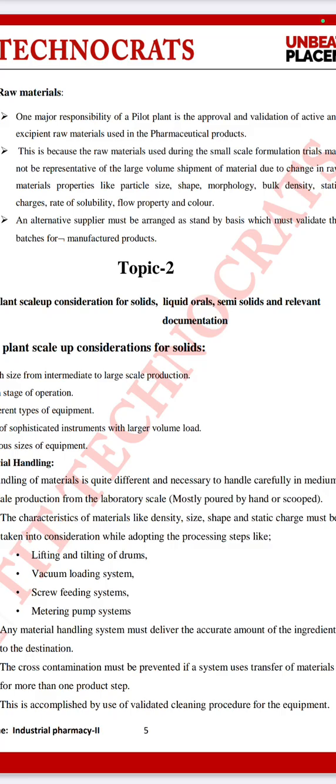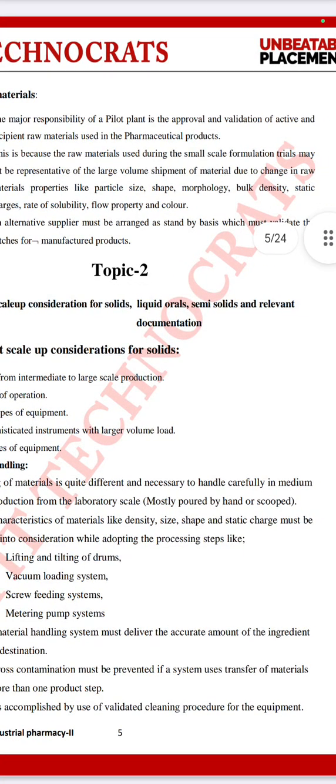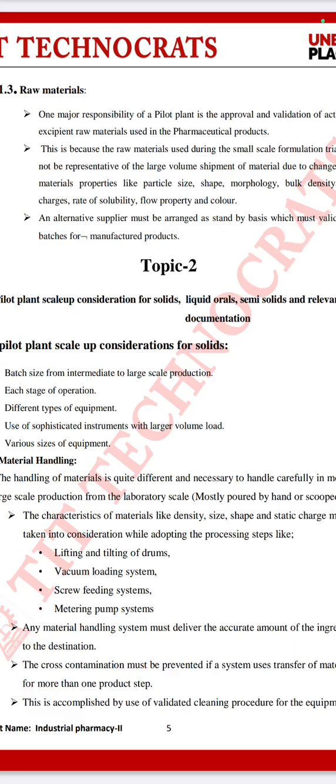Material properties like particle size, morphology, bulk density, static charges, rate of solubility, flow properties and colors also.